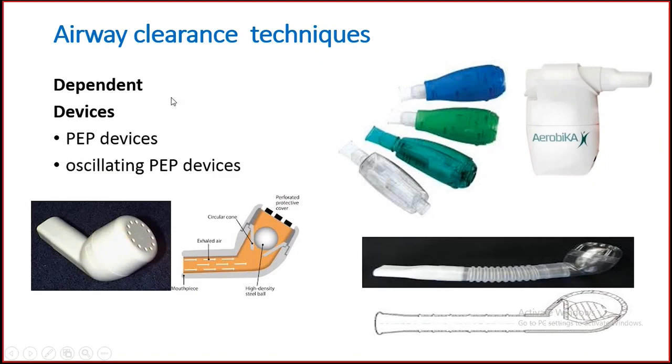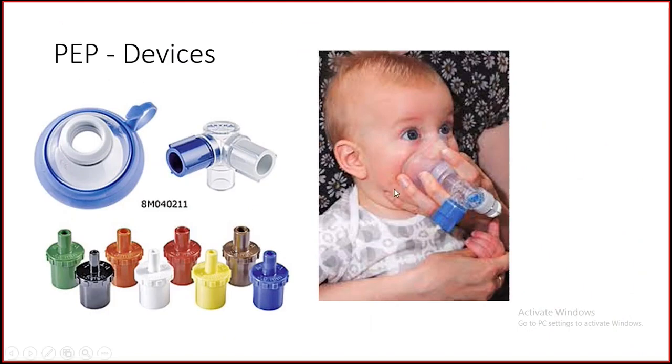And there are different devices we can use. Especially, there are two types of devices. PEP devices provide positive expiratory pressure. A very simple method is to use a face mask connected with a type of valve. This valve can change the resistance to expiration, and this resistance can produce positive expiratory pressure.